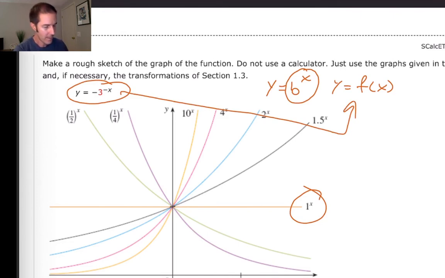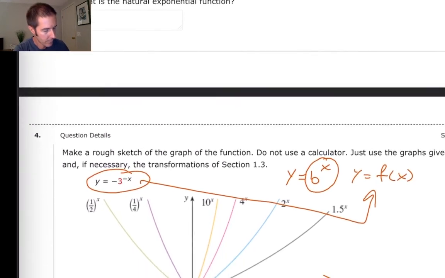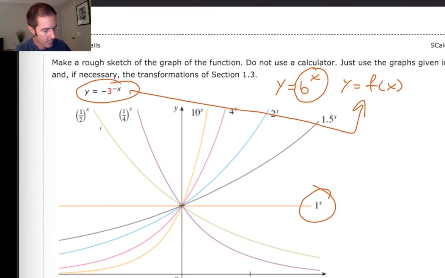Well, the negative that's to the left of the number 3, this negative sign is outside of the application of the exponent. So I would say, I'm going to move back over to the right here and switch to a blue pen. I'm going to say that that's y equals negative, and then my function, f.